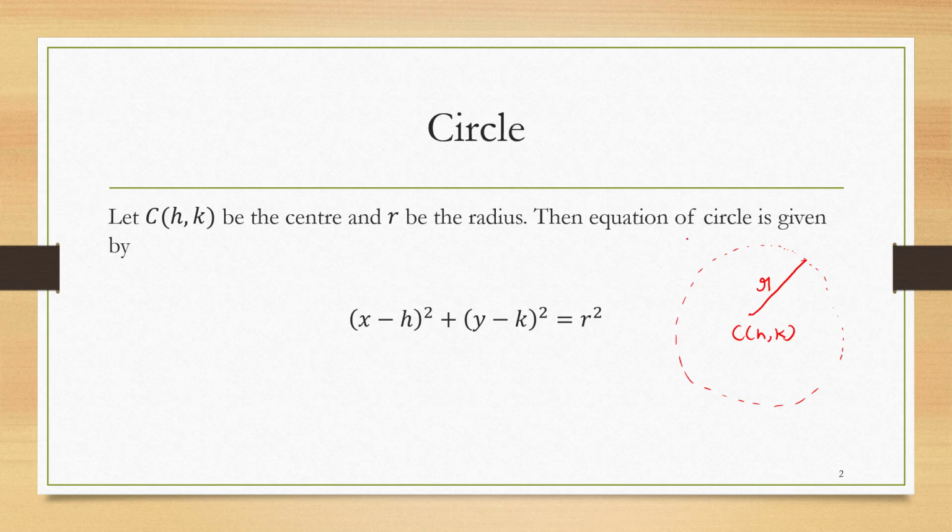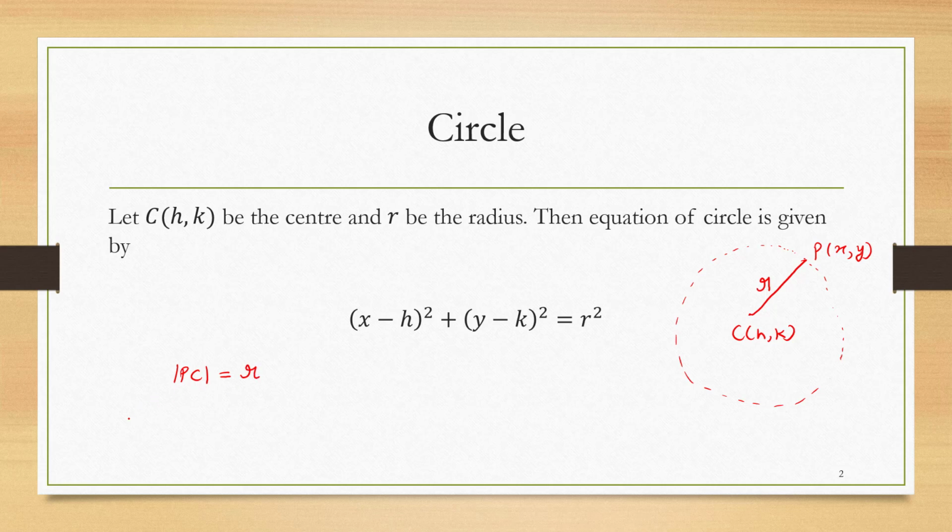Then equation of circle is given by (x minus h) whole square plus (y minus k) whole square is equal to r square. This is actually derived from the distance formula. So let's say P(x, y) be any point on this circle. Then we know that distance between this P and C is r.